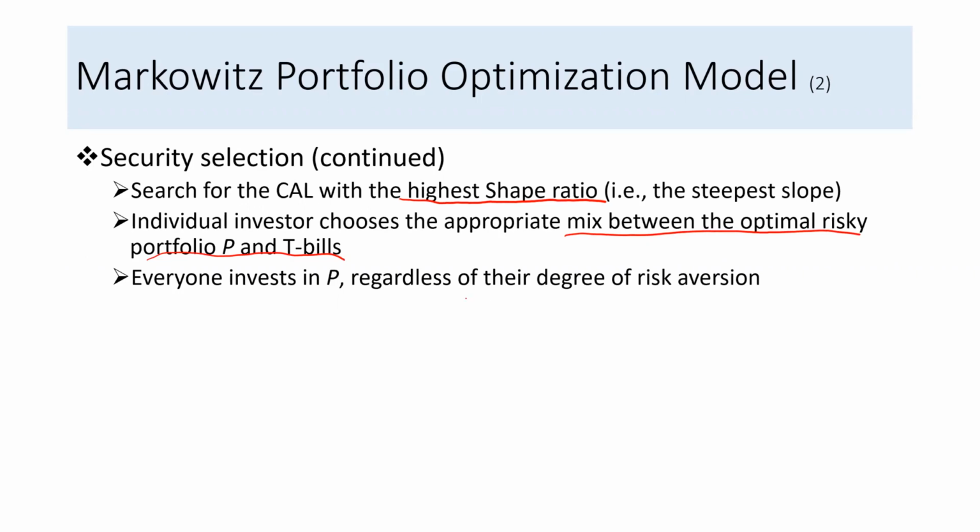Everyone can allocate their assets differently between the optimal risky portfolio and the risk-free asset. Everyone will invest in P regardless of their degree of risk aversion. Their risk aversion level will only change the proportion that they invest in the optimal risky portfolio and the risk-free asset.